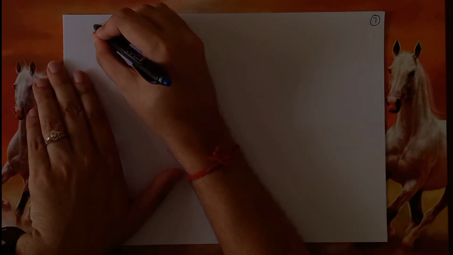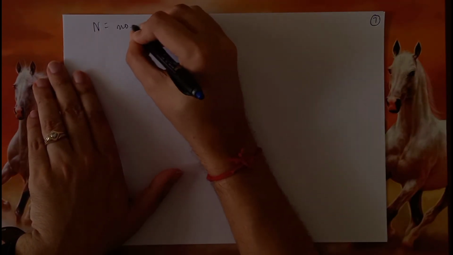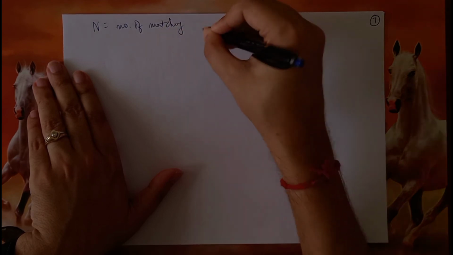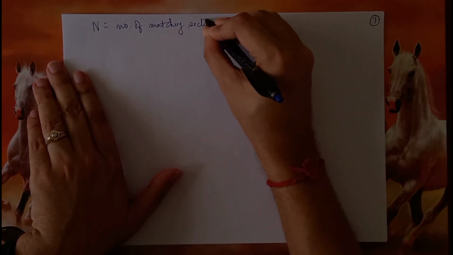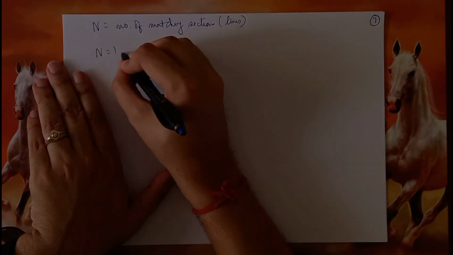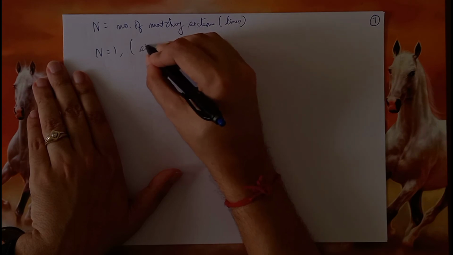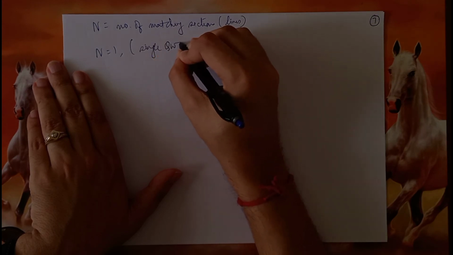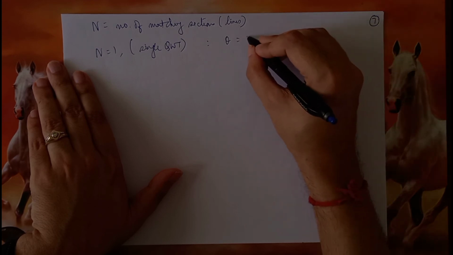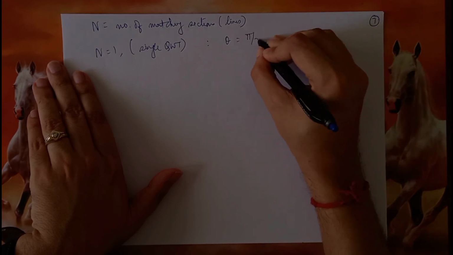So let us say we take n as the number of matching sections. Section means lines. So if n equals 1, that is a single QWT, we see the minima happens for theta equal to pi by 2.